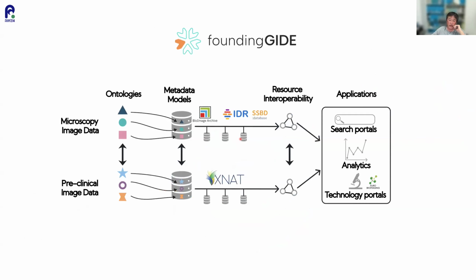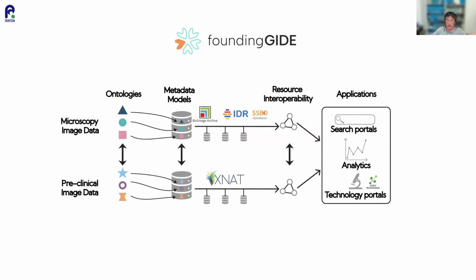The funding project started last year, and Mary already showed the strategy of our project. We are aiming to integrate the BioImage Archive, IDR, and SSBD data and make them interoperable, or briefly speaking, searchable among these databases.